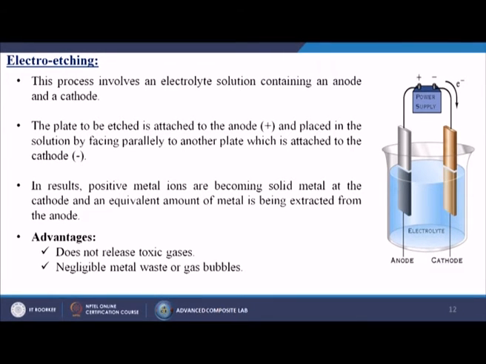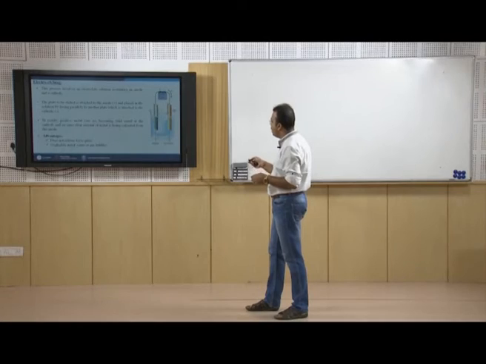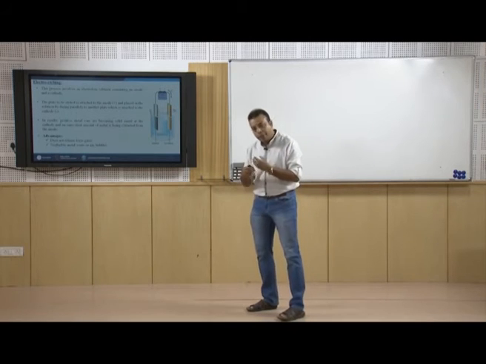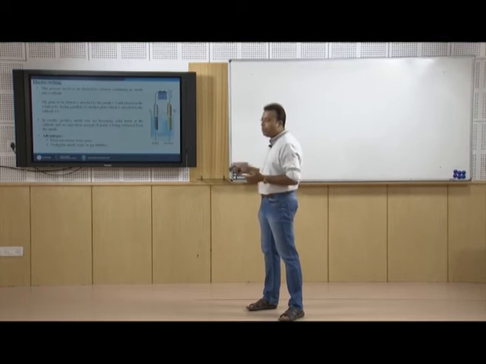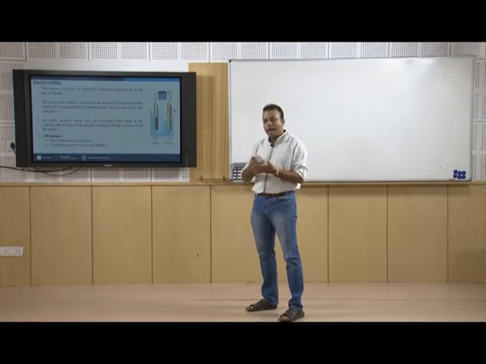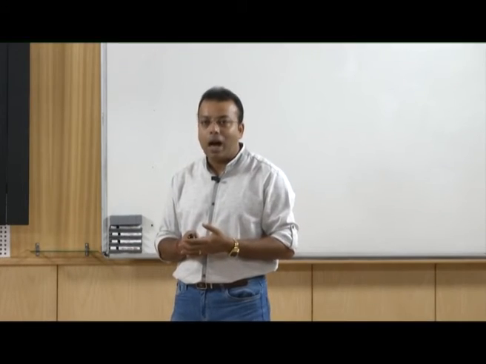As a result, positive metal ions become solid metal at the cathode and an equivalent amount of metal is extracted from the anode. So, from this anode the material in ion form will directly come and deposit onto that. In this way you can modify the material, or by keeping your material on the anode side you can also clean its outer surface.